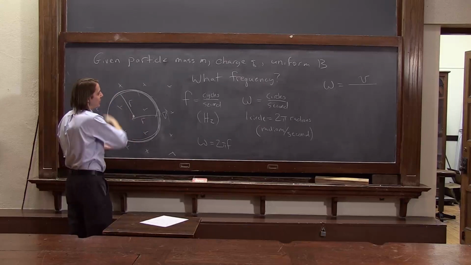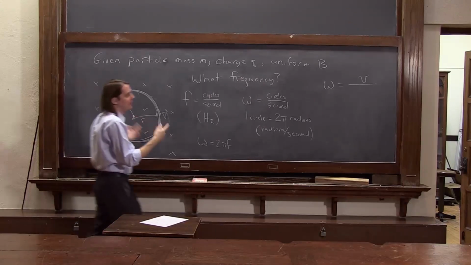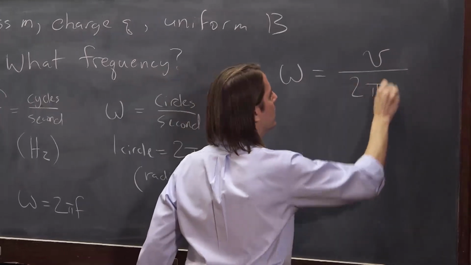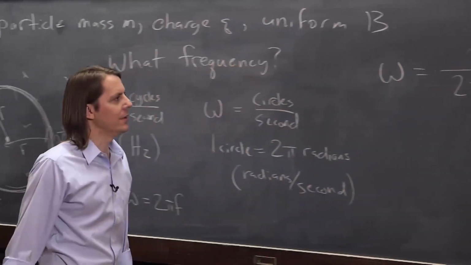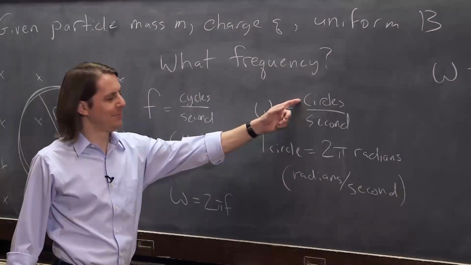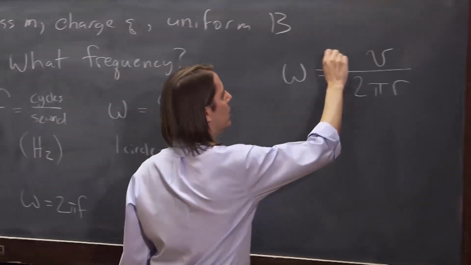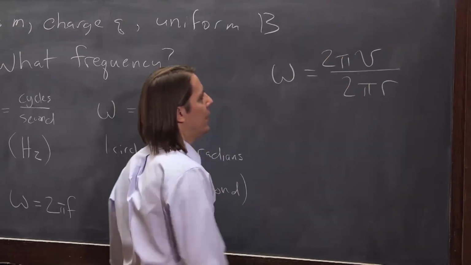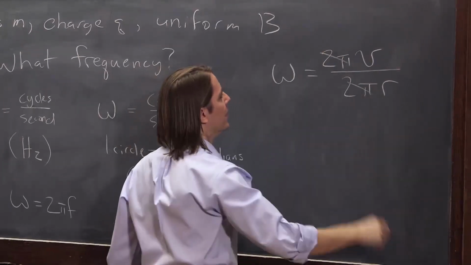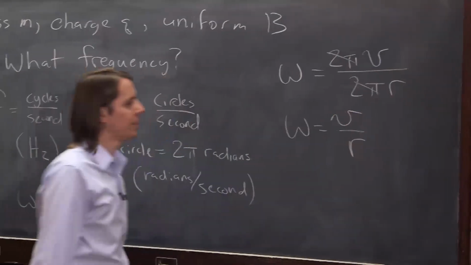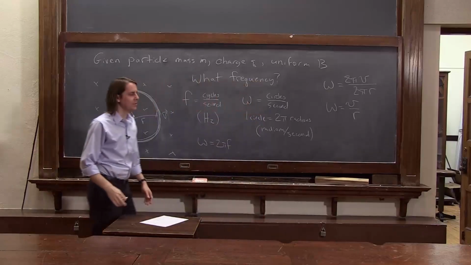If the circumference is 2 meters, that'd be 5 circles per second. So we divide by 2 pi r. That's circles per second. But we actually do it in radians per second, so we multiply those circles by 2 pi, and you can see the 2 pi's go away. So omega is v over r for any circular motion, actually.